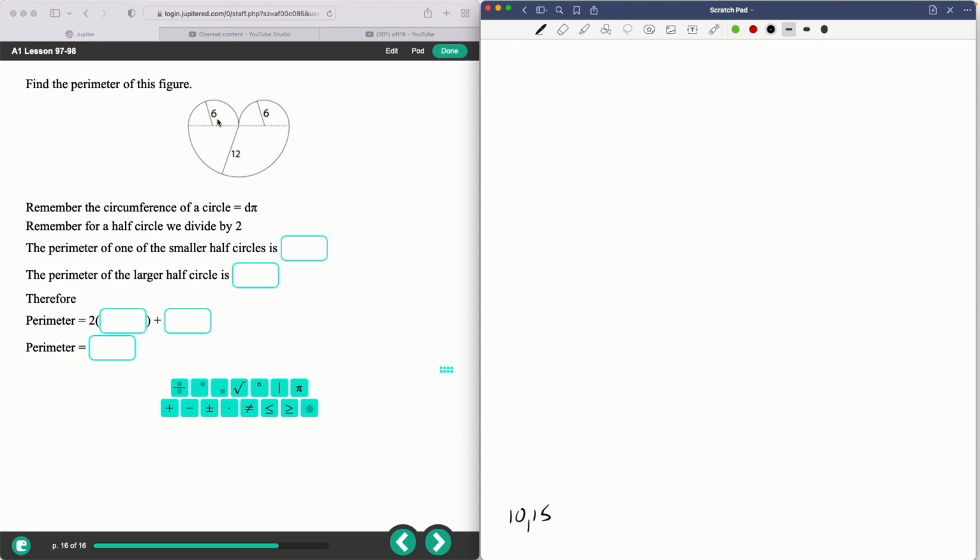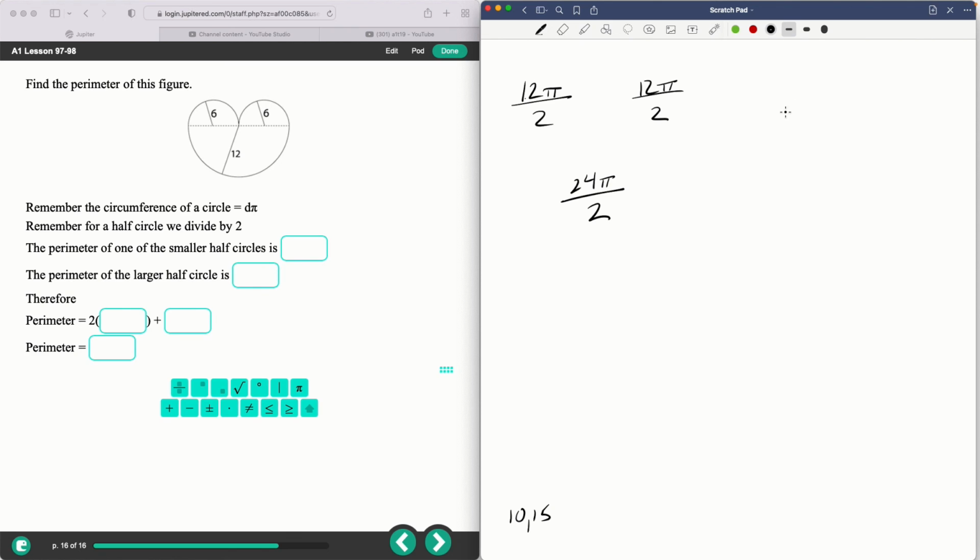So the diameter here, this is 6, the radius, so the diameter is 12. So I have 12 pi divided by 2 for the first half circle, and 12 pi divided by 2 for the second half circle. And this half circle, the radius is 12, so that's going to be a diameter of 24 pi divided by 2 for that bottom circle.